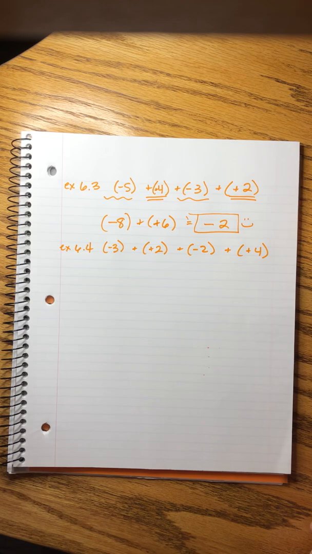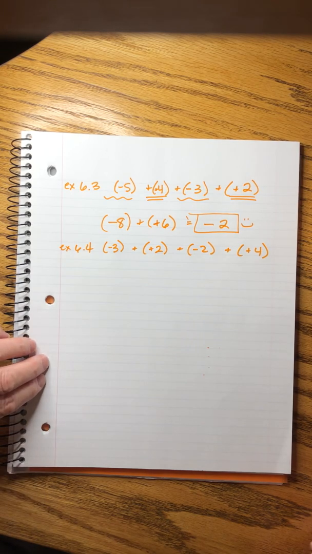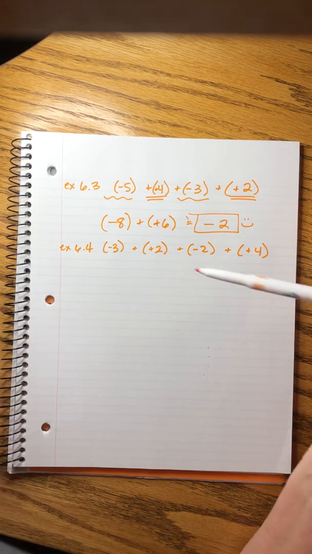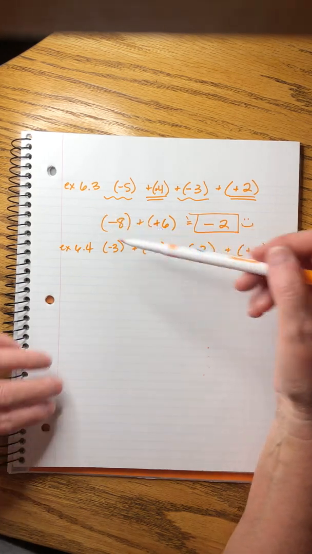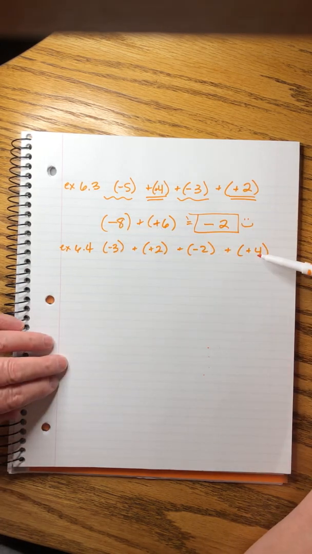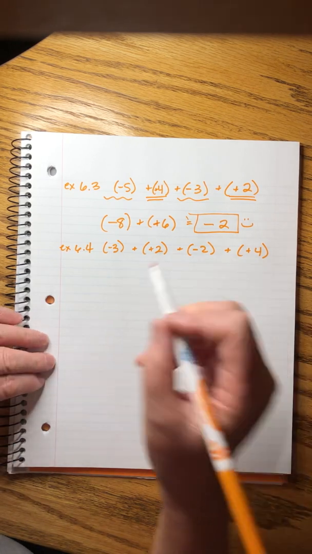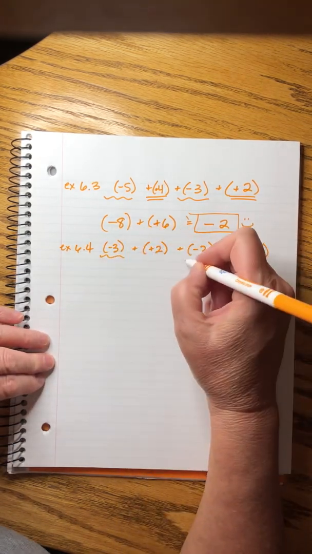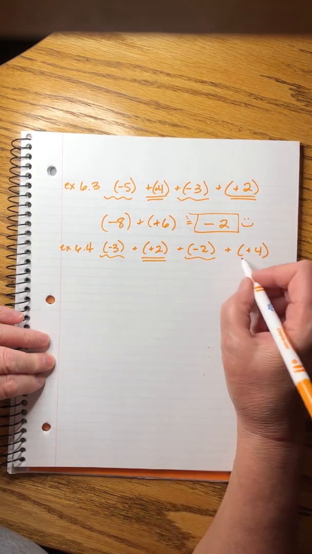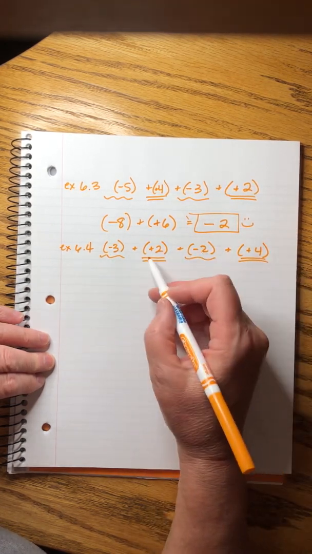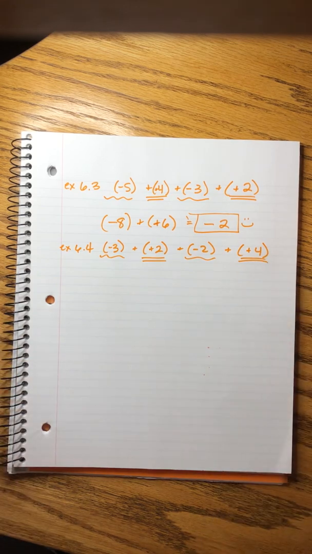We've got 4 addends, 2 are positive, 2 are negative. It would not be wrong to just climb on the ladder and start going down, then up, then down, then up. But it sounds like a recipe for seasickness. So let's combine the negatives and the positives. Notice that I squiggle the negatives and double underline the positives. That's just to help me see which ones are going to go together.